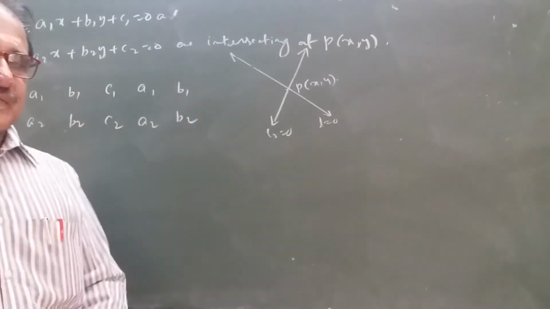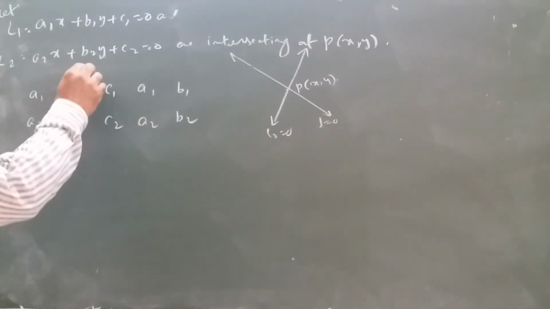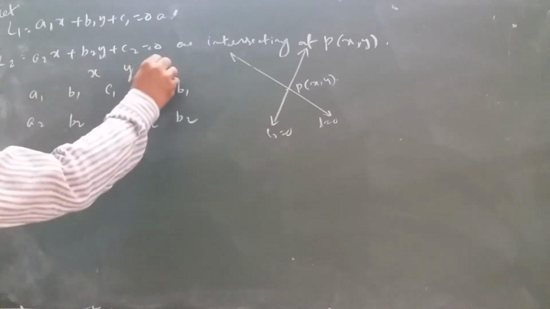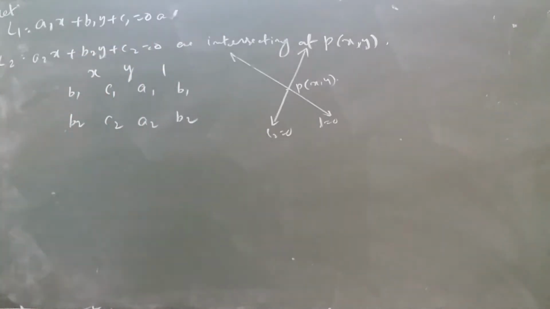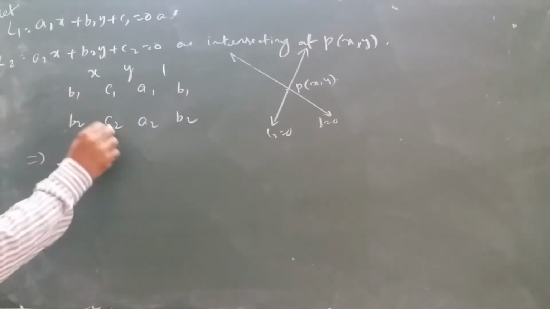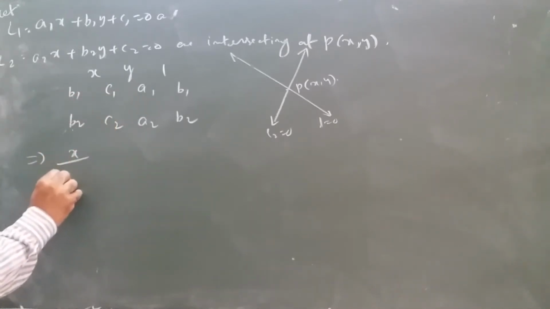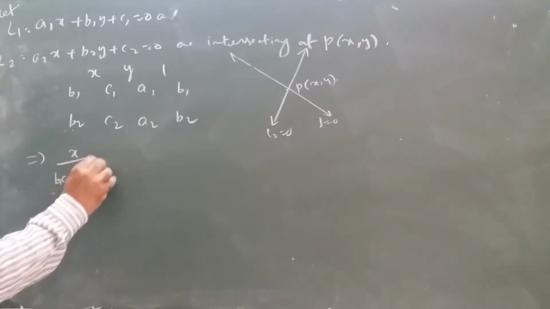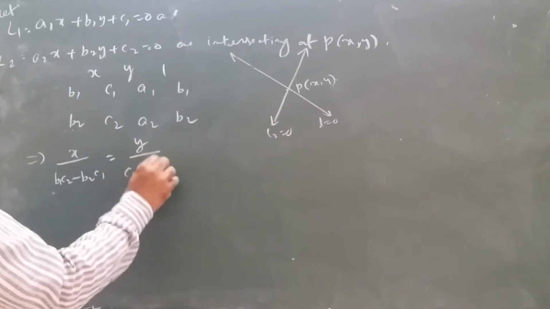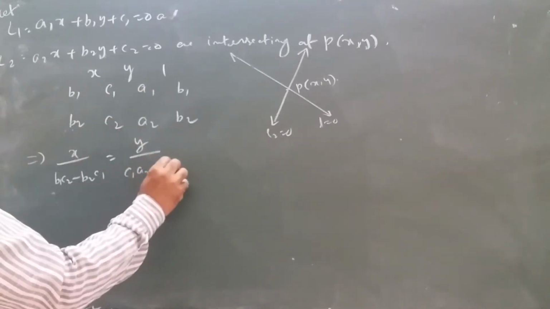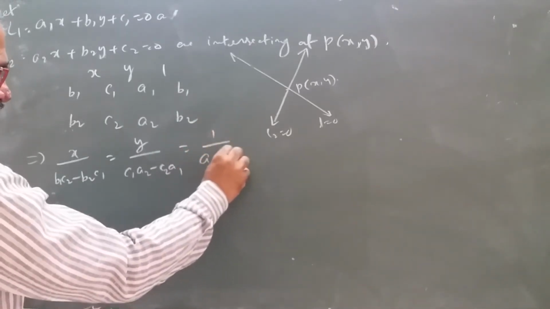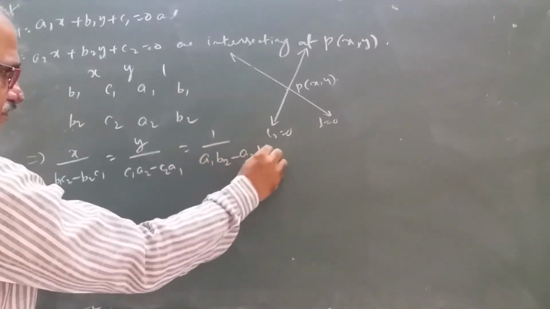By taking the arrow cross method, put the x coefficients, y coefficients and constants. That implies x by b1 c2 minus b2 c1 is equal to y by c1 a2 minus c2 a1 is equal to 1 by a1 b2 minus a2 b1.